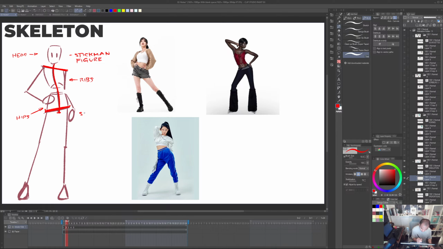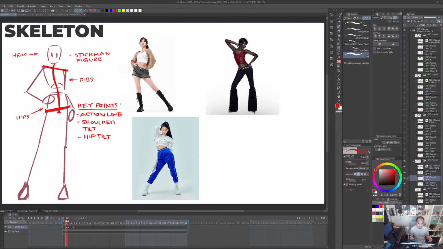So, spine, or like, I wouldn't call it spine, I would say action line, right? And then the shoulder tilt, and then the hip tilt. Those are the key points you have to remember, right? Key points.